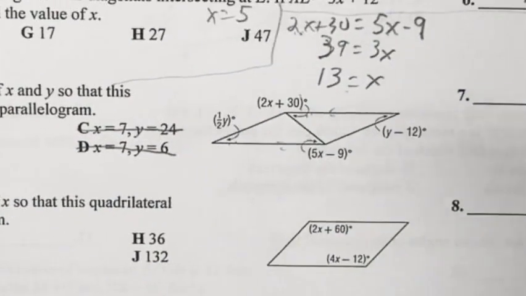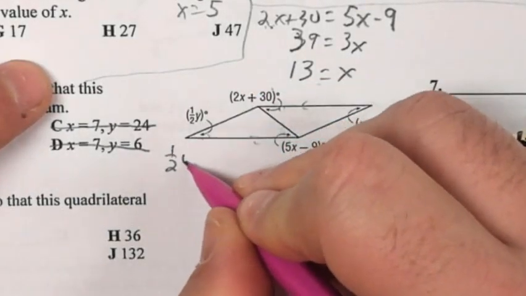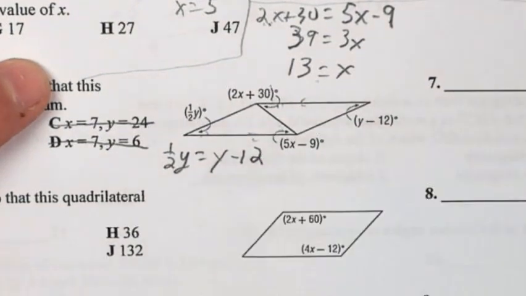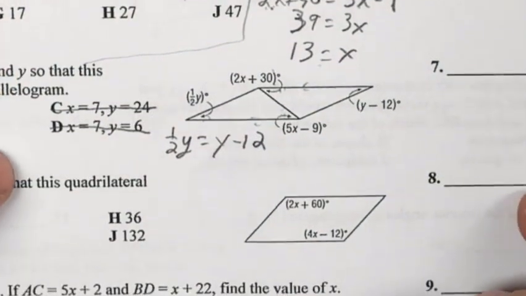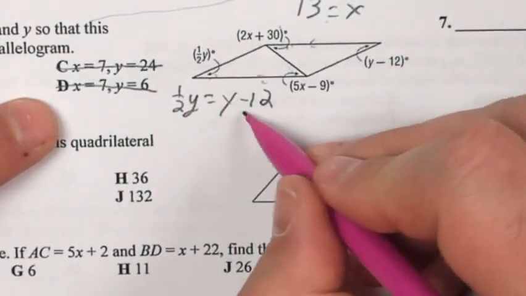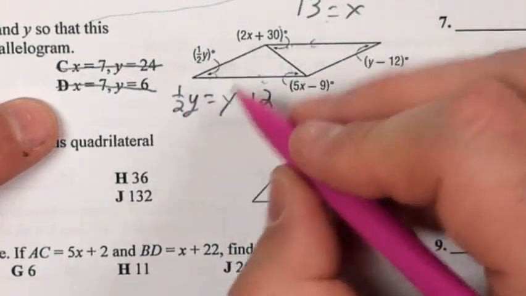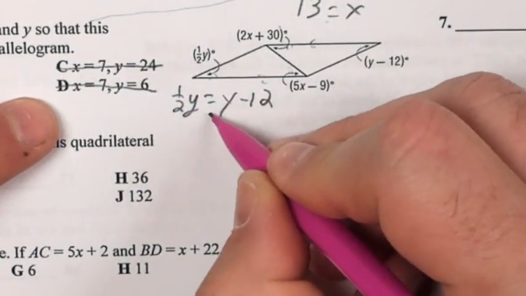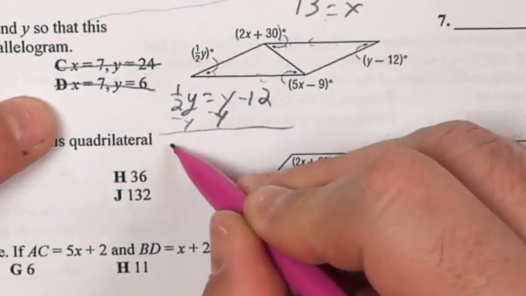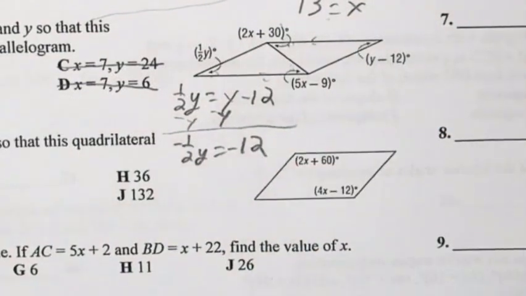All right, I'm going to go ahead and jump into that y equation. These two equal each other. 1/2 y equals y minus 12. Need to get all my y's on one side. Since I have a constant over here, on the right, I'm going to move my y over. Now when I subtract y from both sides, 1/2 y minus y is negative 1/2 y equals negative 12.